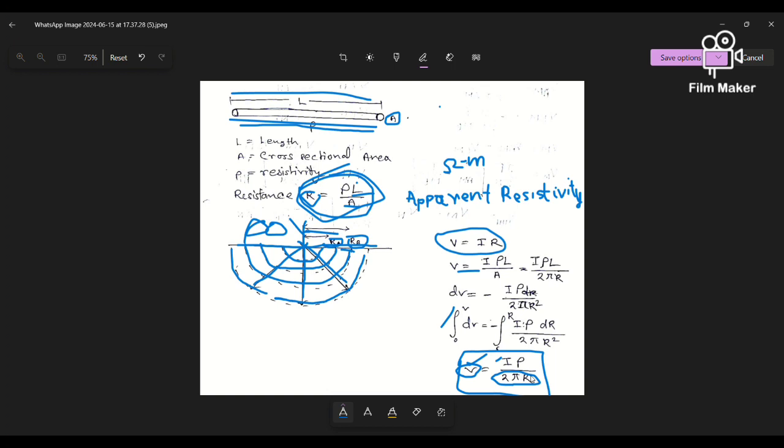R is the distance from the electrode, which we can determine with a measuring tape.